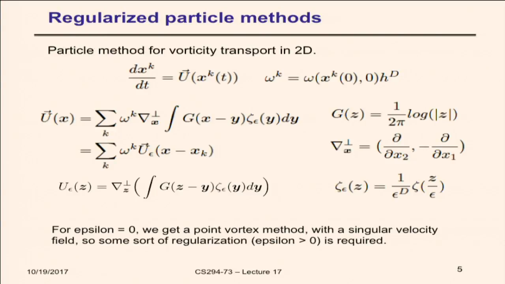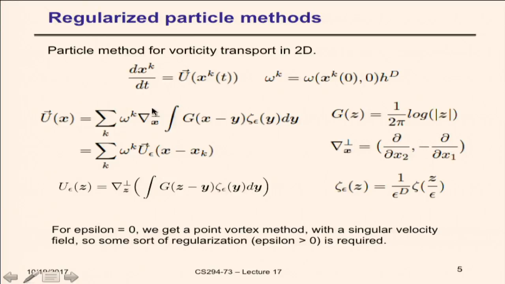These are regularized particle methods. We have a particle method for vorticity transport in 2 dimensions: dx/dt is equal to u of x of t. u of x is, in one way of stating it, an integral equation form.